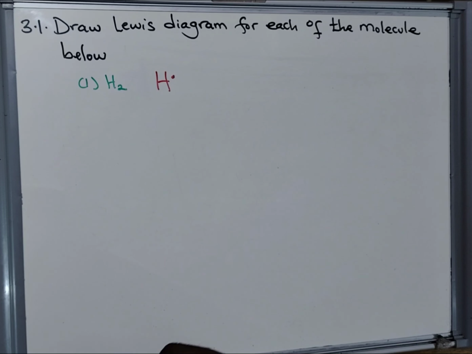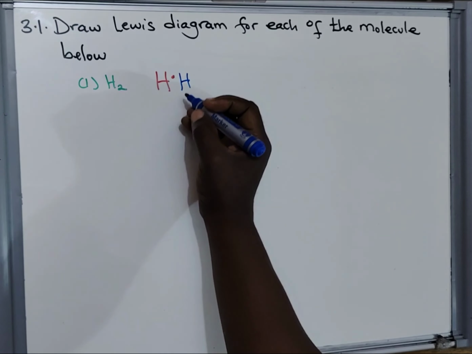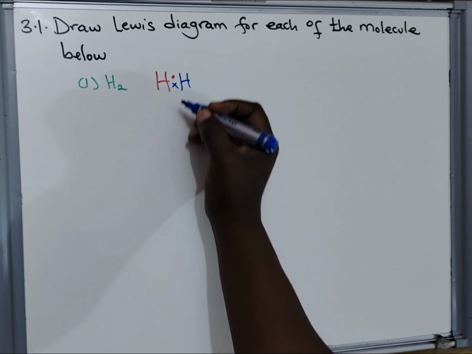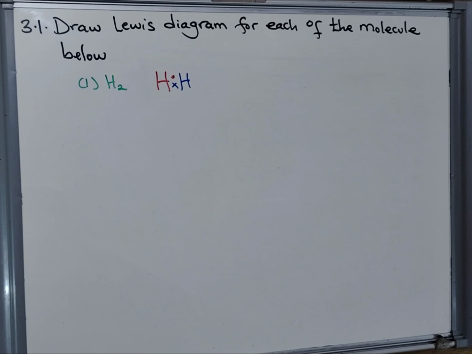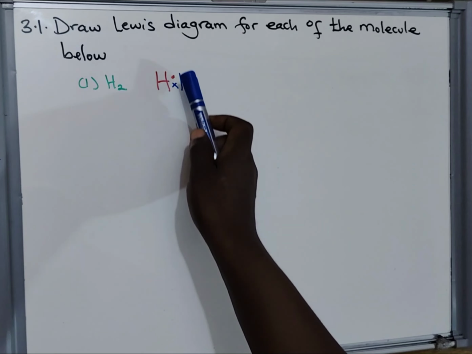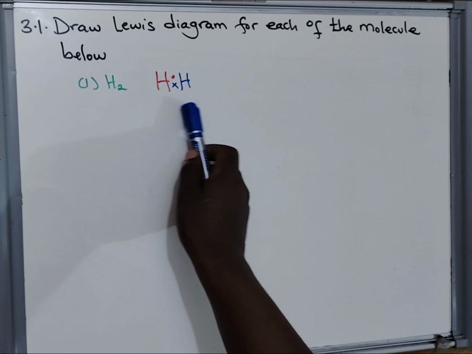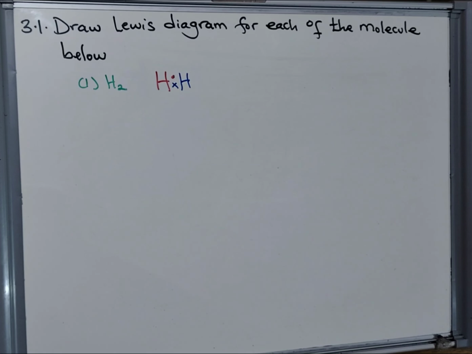If you have another H coming here like this, it will bring its outer electron there. Now, when these two electrons come together, they form the bond. So what you have here is the Lewis diagram for the hydrogen molecule.